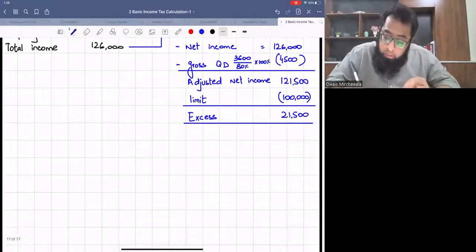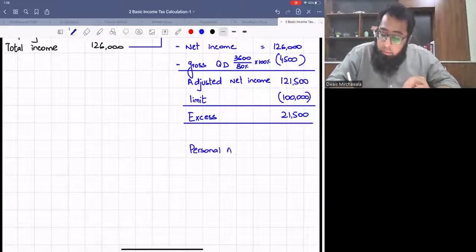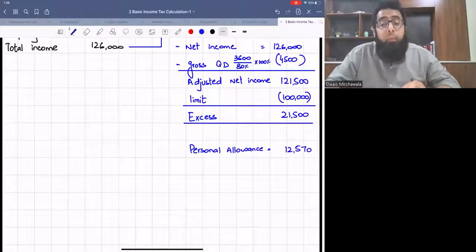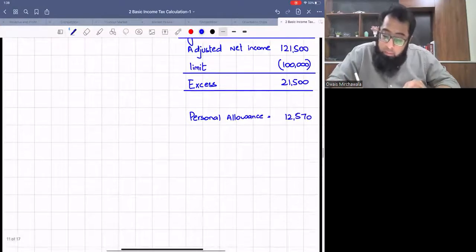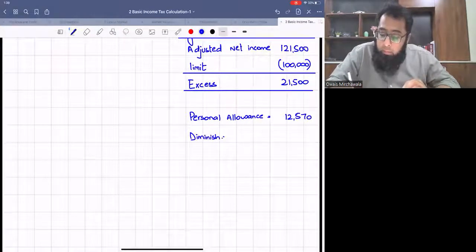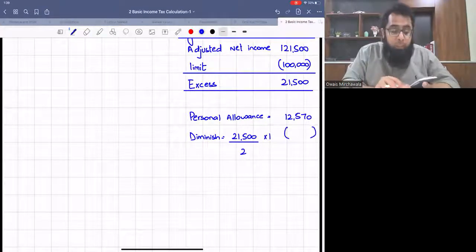The personal allowance is 12,570. Okay. Now, this excess will diminish our personal allowance by how much? The excess divided by 2, multiplied by 1. This will diminish our personal allowance.